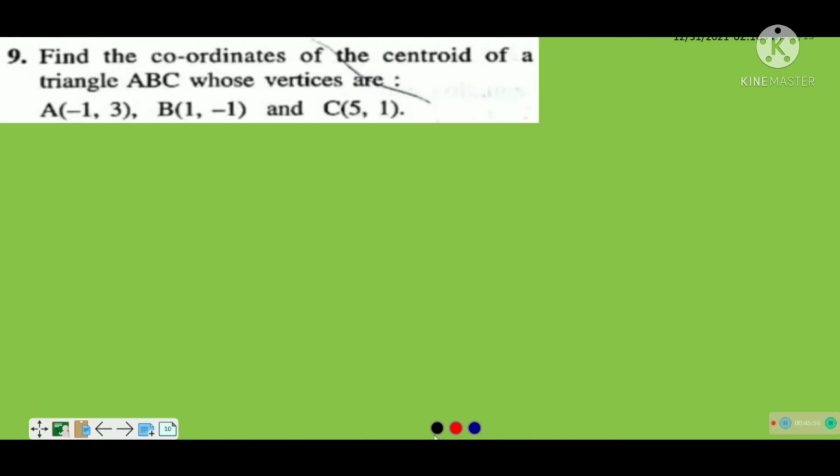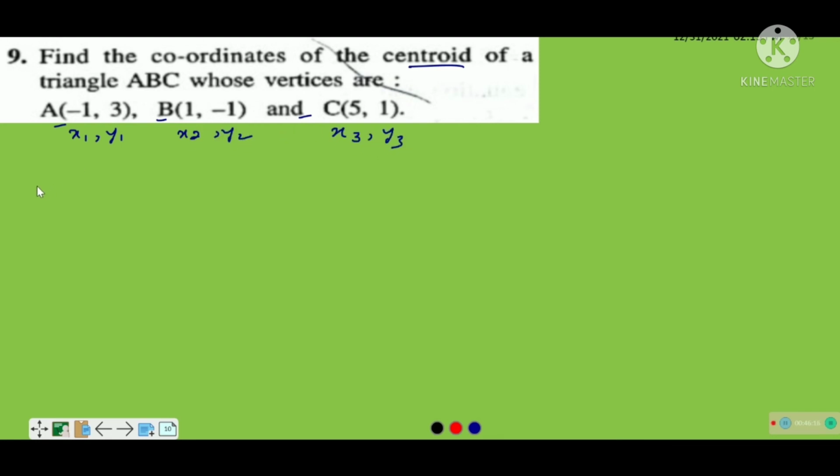Question number 9. Find the coordinates of the centroid of a triangle whose vertices are A, B, C. The vertices are given, so we will directly apply the centroid formula. The first vertex is x1, y1, this is x2, y2 and this is x3, y3.